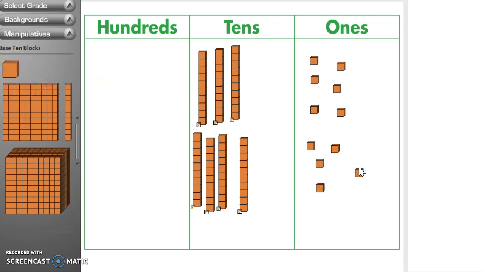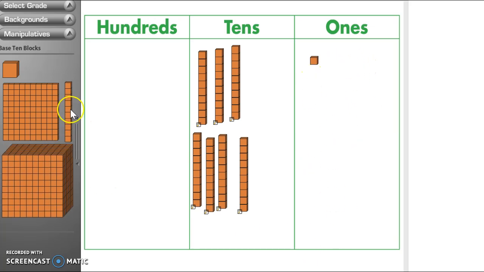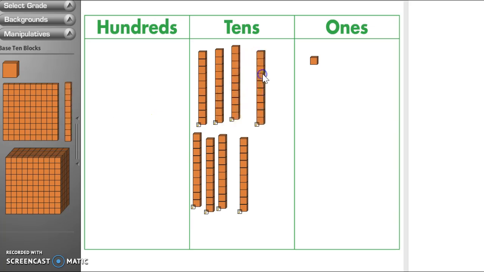Okay, so I see that I have 11 ones in my ones column, which means that I can exchange 10 of them for another long, so a group of 10. So I'm just going to get rid of 1, 2, 3, 4, 5, 6, 7, 8, 9, 10, and exchange it for a 10.